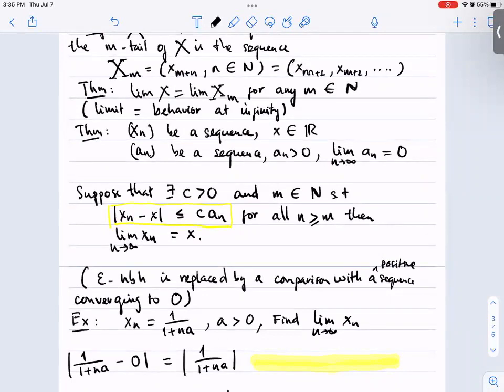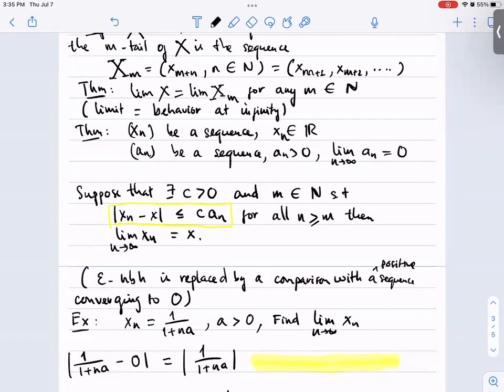We have another theorem which is useful to determine the limit of a sequence. It says the following. Let (xn) be a sequence and (an) be another sequence such that each element an is greater than 0 and the limit of an is equal to 0 when n approaches infinity.